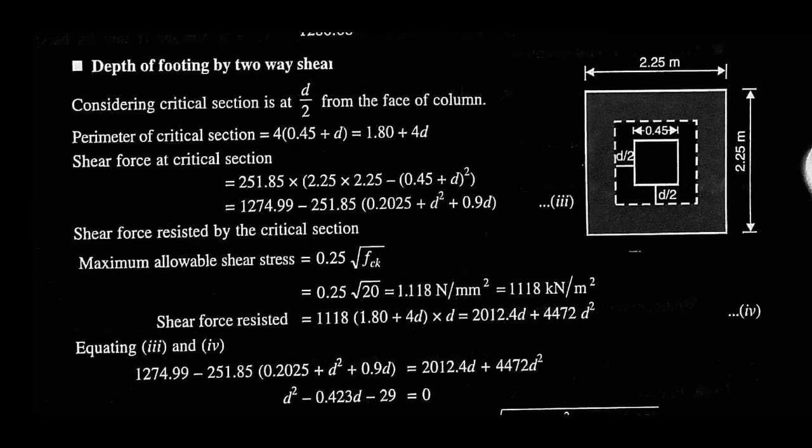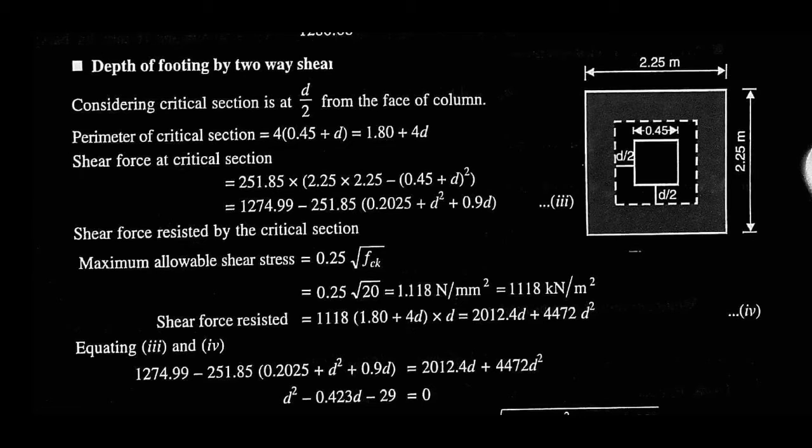So generally we take this. In the previous video I have already discussed how we can use this and design steps and aspects. So critical section is at d by 2 distance from each face.